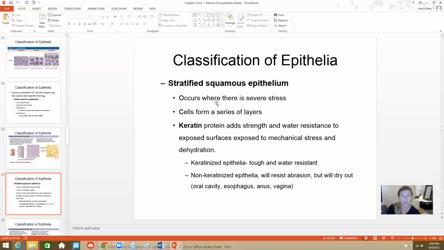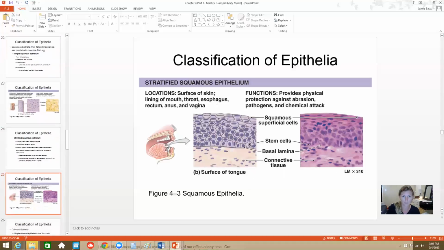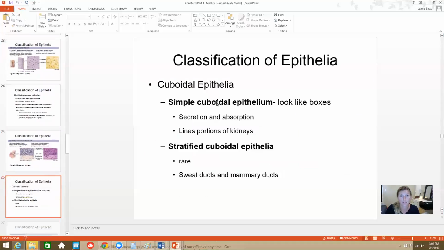And again, we'll look at the differences later, but the big idea is the keratinized epithelium is like the top layer of our skin. It's kind of dried out and crusty compared to the inner linings of like our cheeks. So stratified squamous, anywhere where there's friction, inside of our mouth, inside of the vagina, inside the anus, right? Anytime there's stuff passing over the surface, it's going to be stratified squamous.